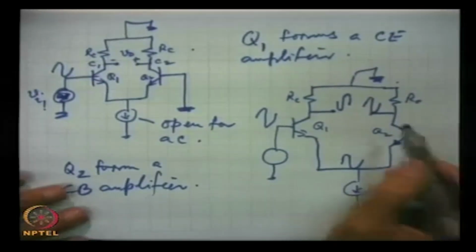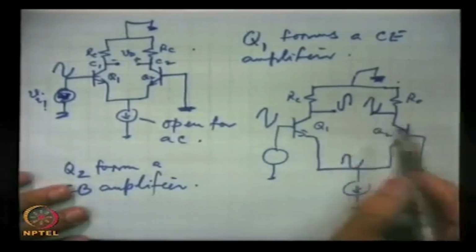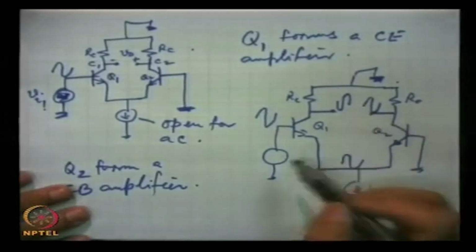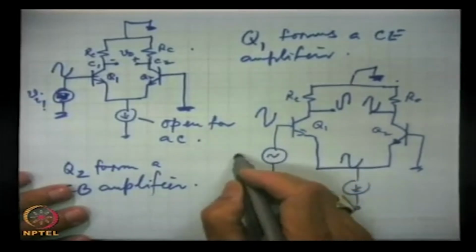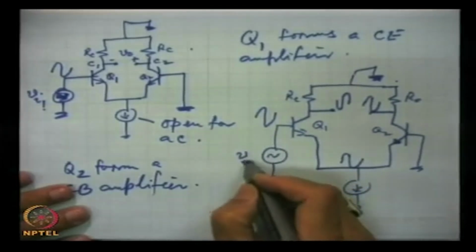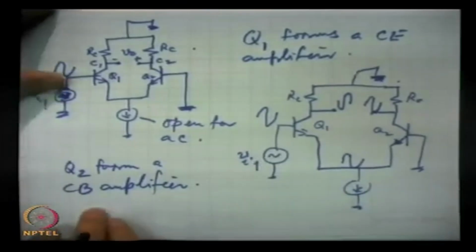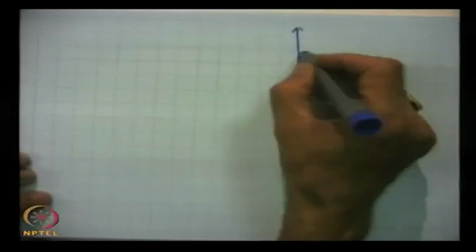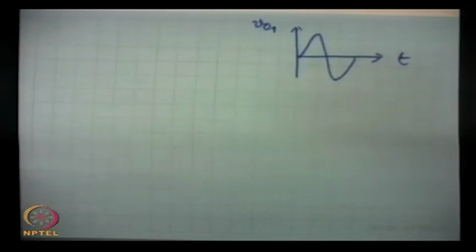So, what will be the net output because of the first signal source, input signal source Vi1? This is VO1, the net output because of the first input.